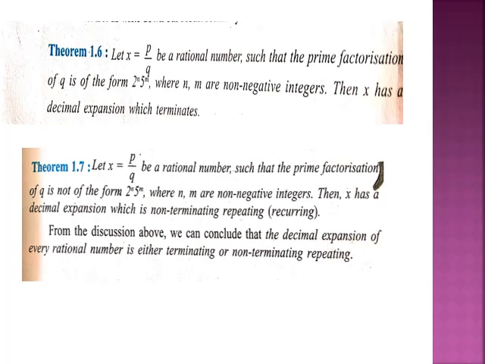It means if the denominator is not of that form, we will never get remainder zero, so it is non-terminating and recurring, and it is again a rational number. So from the discussion above we conclude that the decimal expansion of every rational number is of two types: either it is terminating, meaning the remainder becomes 0, or it is non-terminating and repeating.